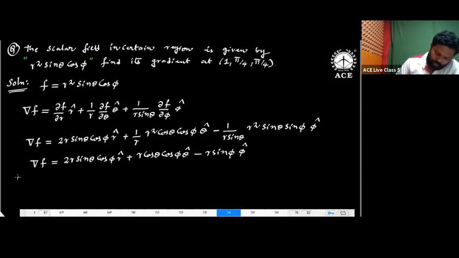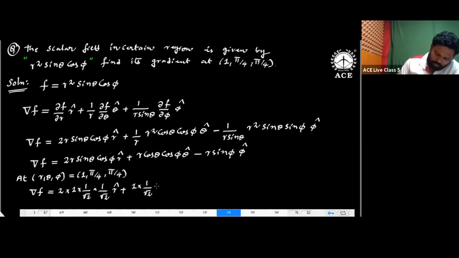Just substitute at the point r, theta, phi equal to 1, pi by 4, pi by 4. So here the gradient of f is equal to 2 into 1 into 1 by root 2 into 1 by root 2 r cap plus 1 into 1 by root 2 into 1 by root 2 theta cap minus 1 into 1 by root 2 phi cap.